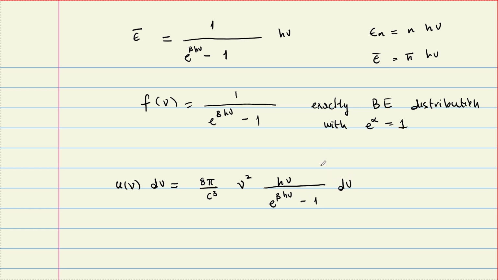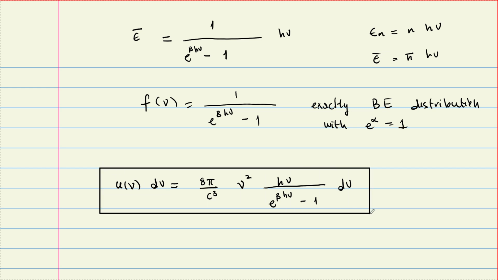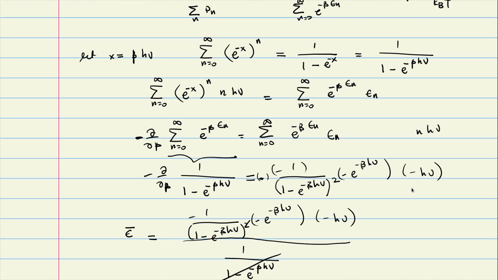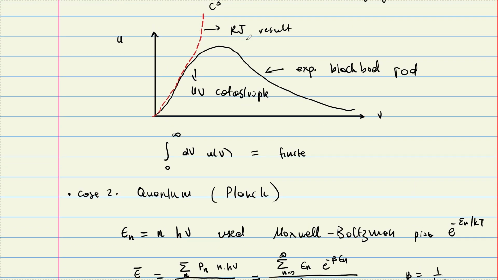And this is exactly what we called Planck's radiation formula. So this is Planck's formula. And we know this formula fits exactly with this experimental line as long as you choose h to be Planck's constant.